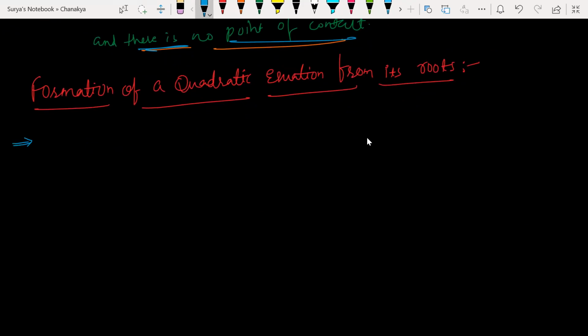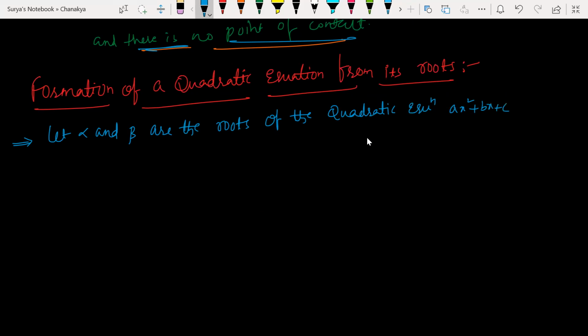Look at this. So for finding a quadratic equation, they'll be giving the roots. We have to frame a quadratic equation. Let alpha and beta be the roots of the quadratic equation ax square plus bx plus c is equal to 0.